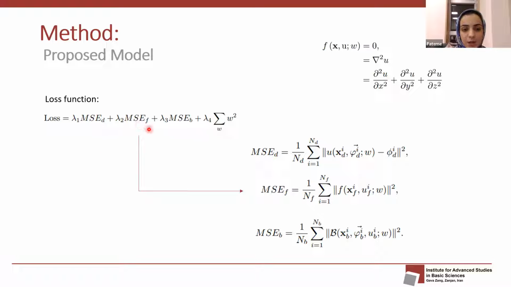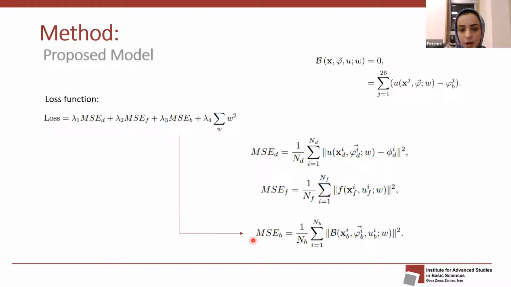The second part, MSE_F, is the mean square error of our function, that is the Laplace equation. And the third part is the boundary condition, that is the predicted potential at the 26 points on the boundary.